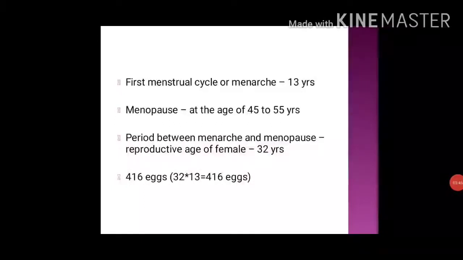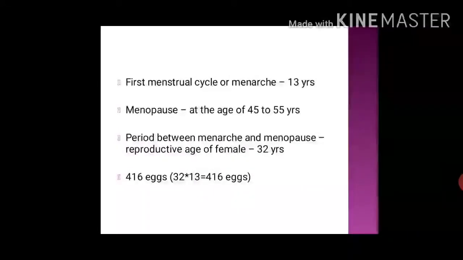Now the first menstrual cycle, whenever it starts in a female, that condition is known as menarche. And menopause means what? At the age of 45 to 55 years, the menstrual cycle stops. That is known as the menopause condition.